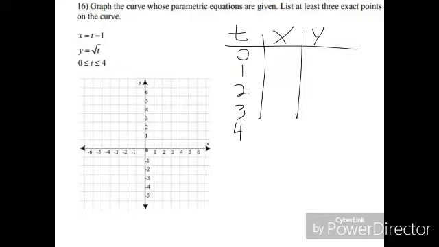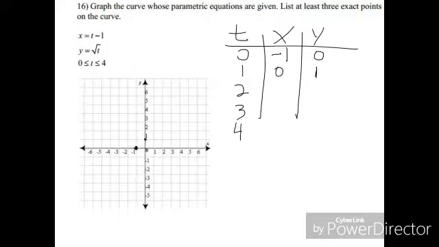So plugging in 0 for t right here. 0 minus 1, negative 1. Square root of 0, 0. Plugging in 1. 1 minus 1 is 0, and square root of 1 is 1. So far we have negative 1, 0 this point.